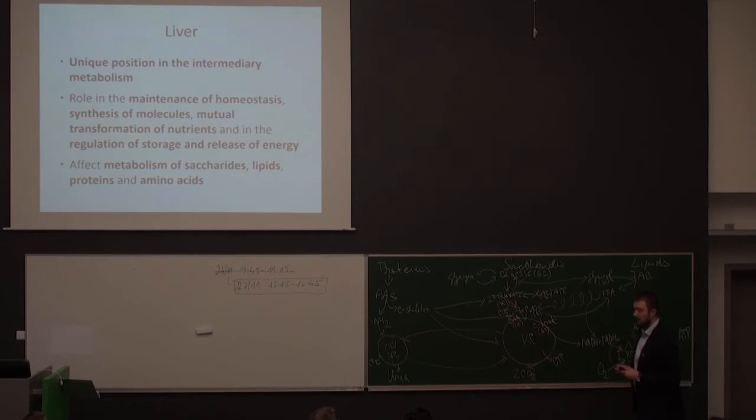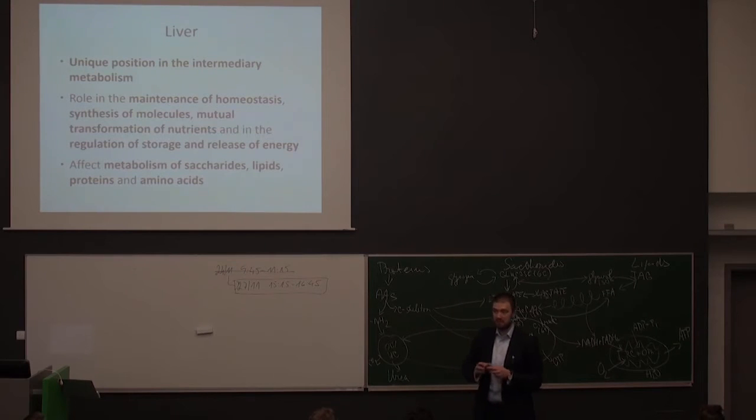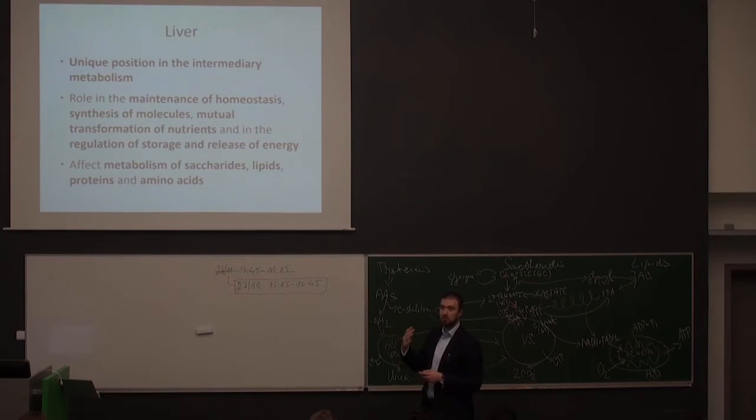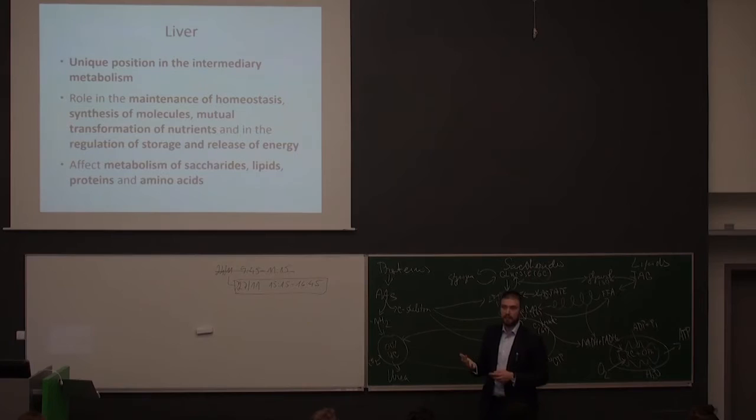That's also one reason why we do not have an artificial liver. For to have some instrument that copies all these functions of the liver, it's almost impossible. For there are so many reactions with so many regulations that we are not able to produce an artificial liver so far.